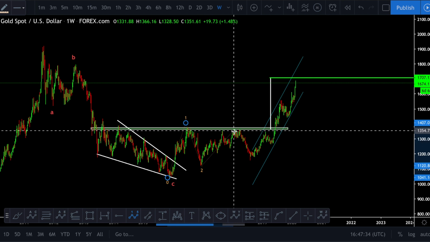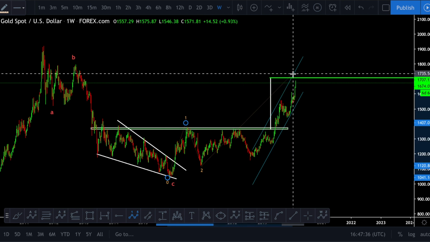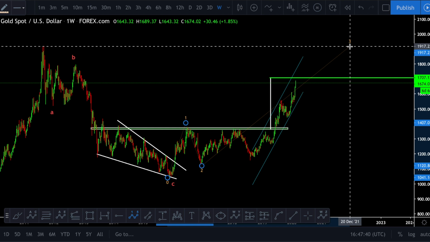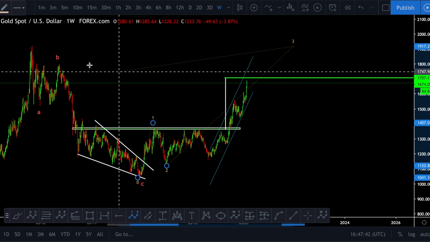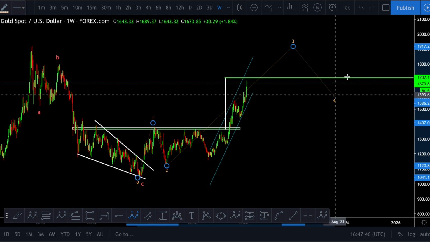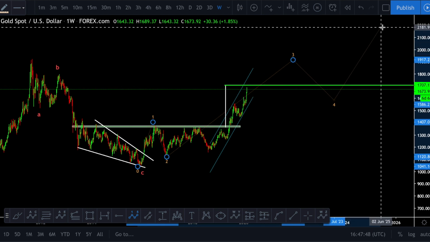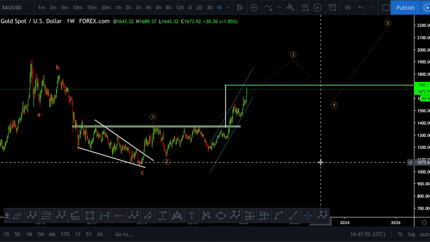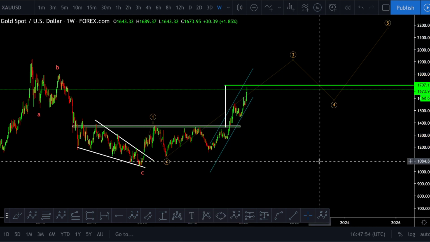So that's 1, 2. This is all 3, 4, 5. We'll have the third wave right here. We could form some type of consolidation just like right here up to here, and then we can break out again for a fifth wave. Let's go ahead and change that degree of trend, and that's how I see it playing out.